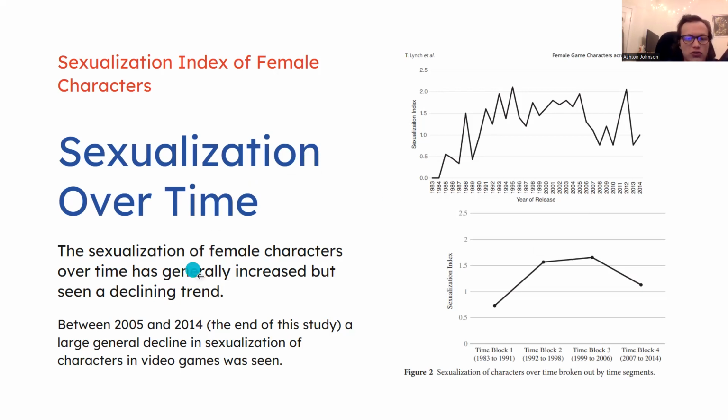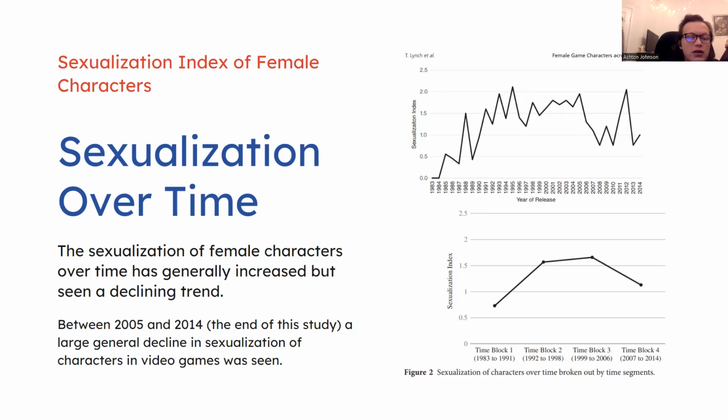Also important to mention for this study, since I'm talking so much about it, is their method of data acquisition. So for the years 1984, which is the first year they could find any data to start this study, to 2014, they eliminated games that were tied to franchises.